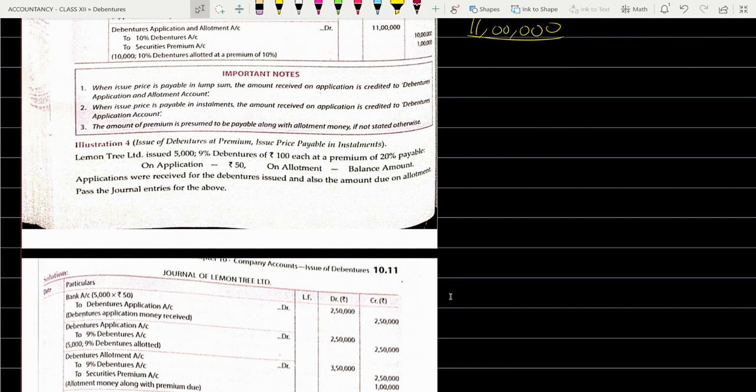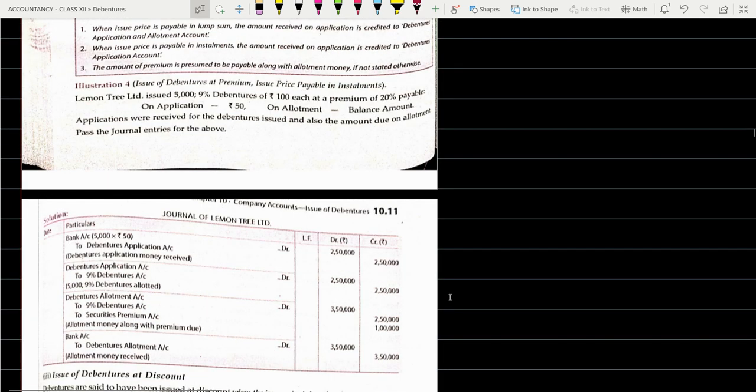Illustration: Lemon Tree Limited issued 5,000 9% debentures at rupees 100 each at a premium of 20%, payable on application rupees 50, on allotment the balance amount. Applications were received for the debentures issued and also the amount due on the allotment. Pass journal entries for the above.